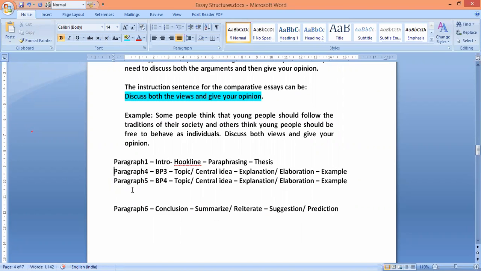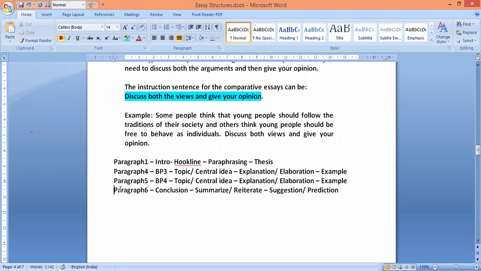It's not mandatory, and it's not that you cannot do it. But the good idea is that they are asking you to first discuss both views and then give your opinion. So what is the first responsibility? Yeah, to give the views.